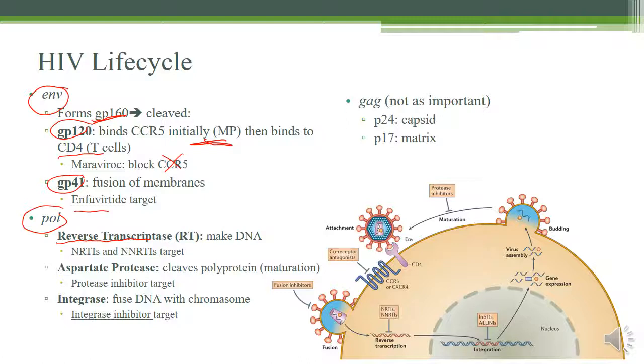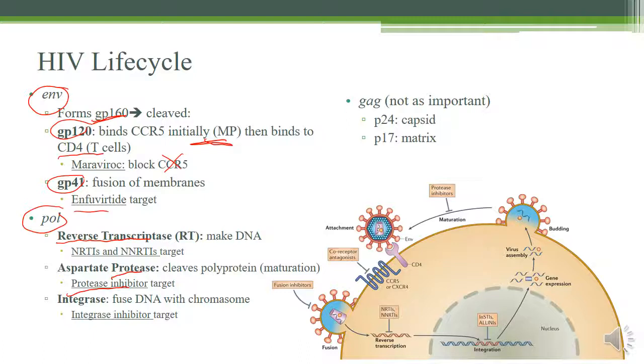Another thing you need to know is an aspartate protease. Most people just say protease. And this protease is going to cleave the polyprotein that is being made by the HIV virus. We can inhibit it with a class of drugs called protease inhibitors. We're then going to talk about the integrase.